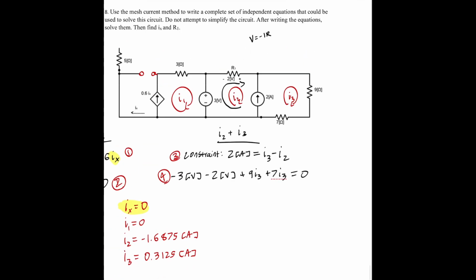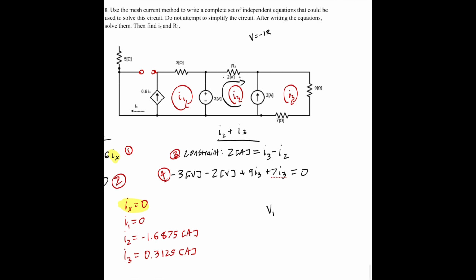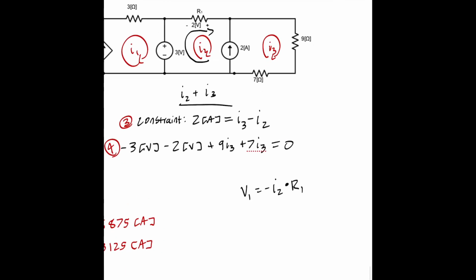We're going to say V1 is equal to negative I2 times R1. And now we're just going to solve for R1. R1 is equal to negative V1 over negative I2. Oh, sorry. It's going to be just negative V1 over I2.